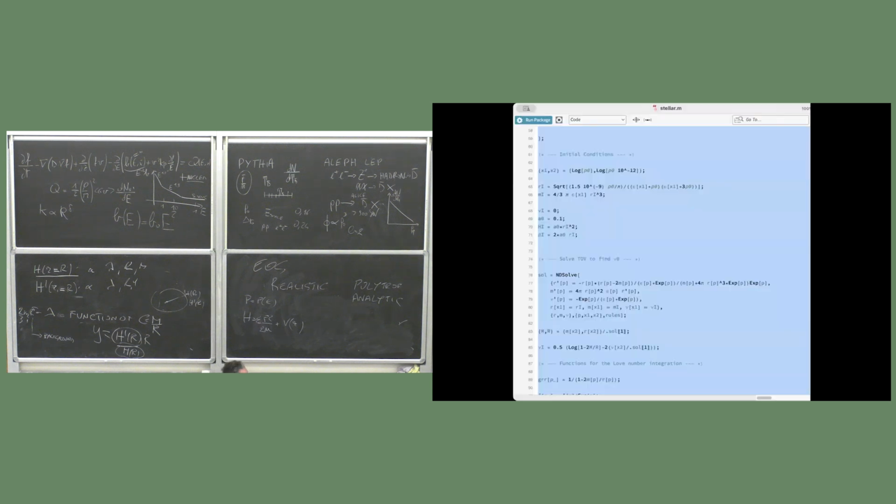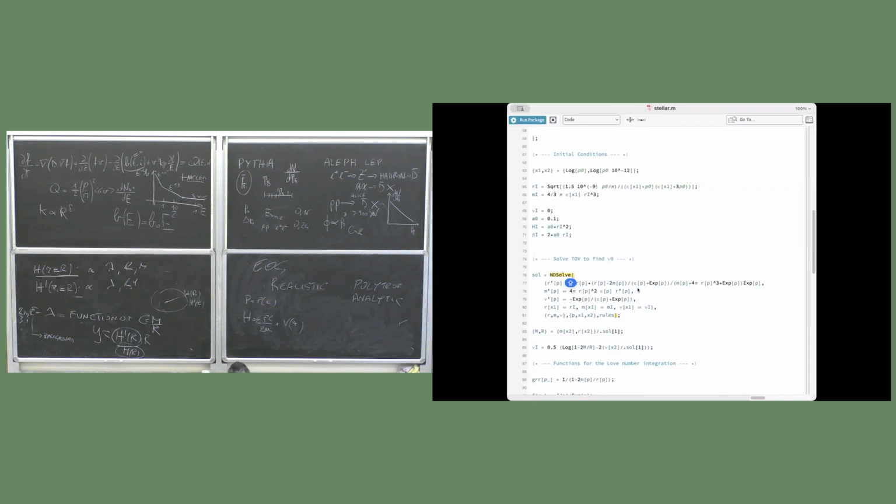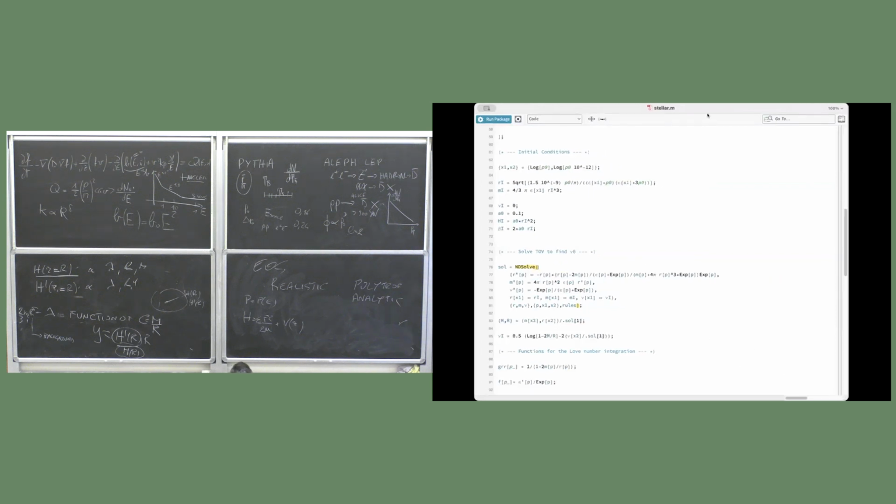It's terrible. So stellar.m is this. Is it working? It's working now. Okay. I'm sorry that I cannot share multiple windows. Zoom allows me to show only one window each time, which is very annoying.